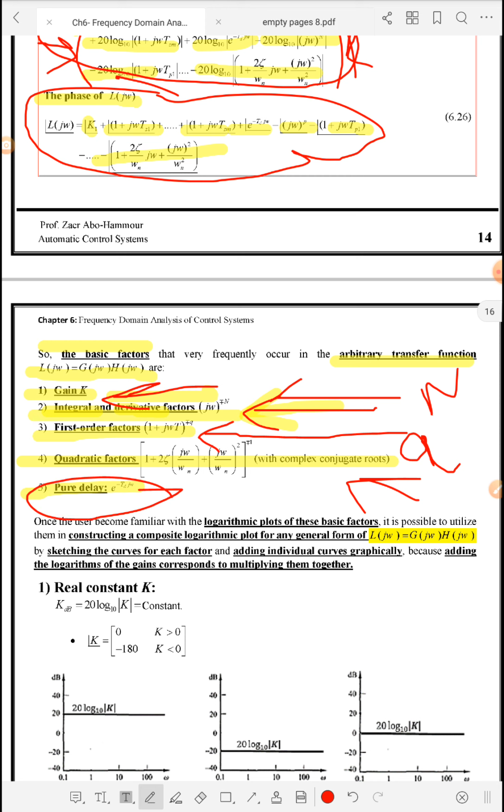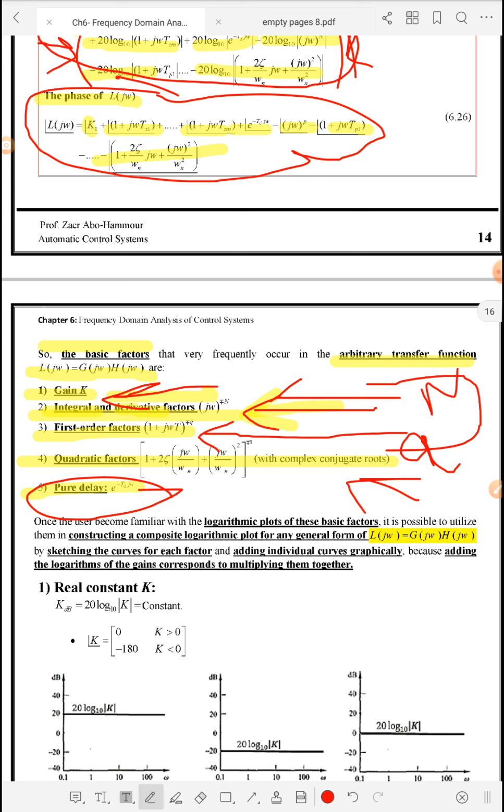So these are the 5 basic factors in the transfer function that we discussed till now: gain, poles or zeros at origin, real poles and zeros, complex conjugate roots, and pure delay. And the second and third terms might be simple or they might be repeated.